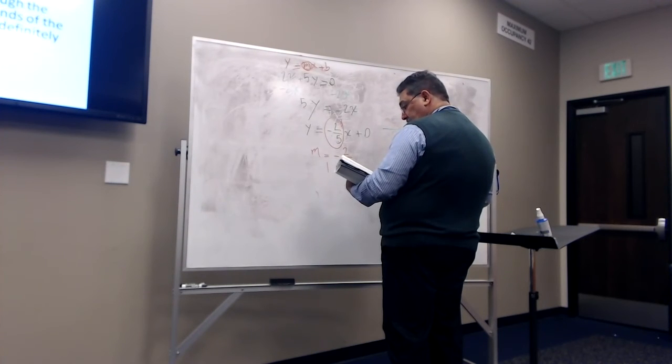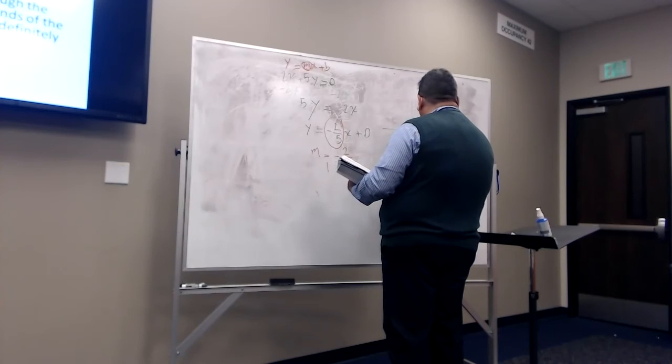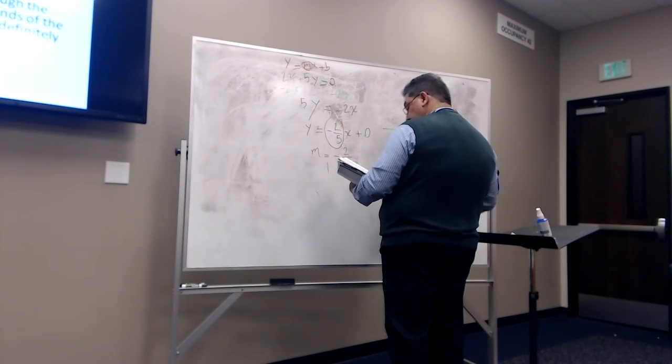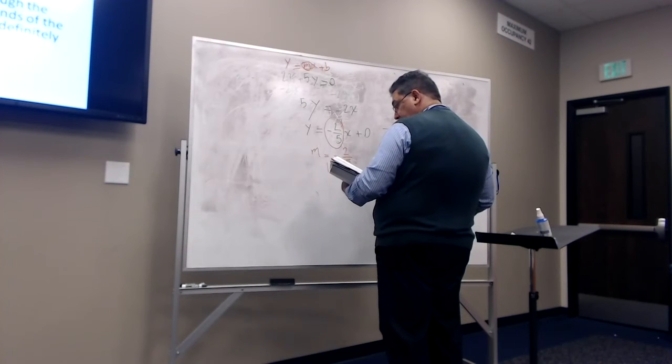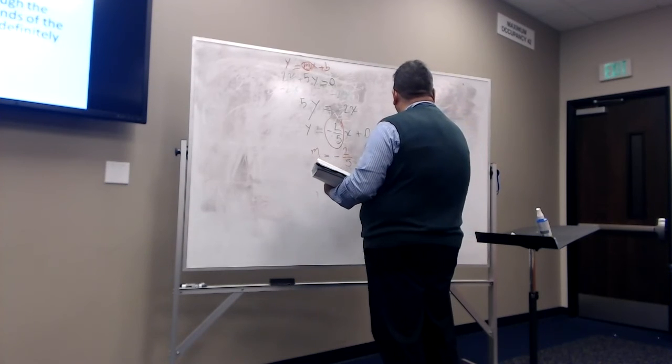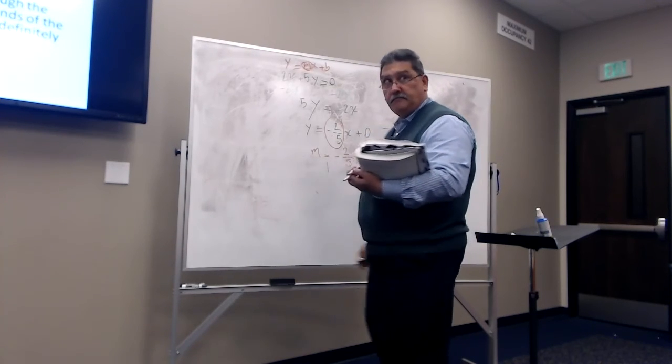The run is 5, positive: 1, 2, 3, 4, 5. So I come here, this is my point. And the y-intercept would be when x is 0, so with the 2 points, I draw the line.